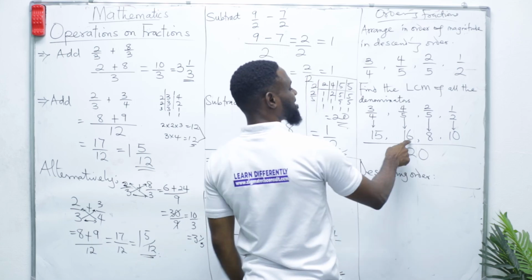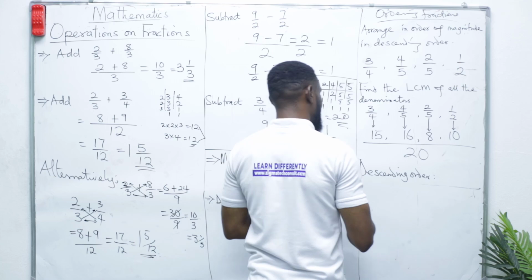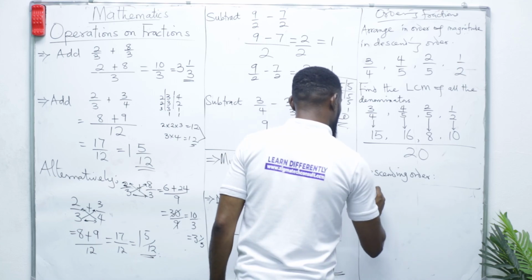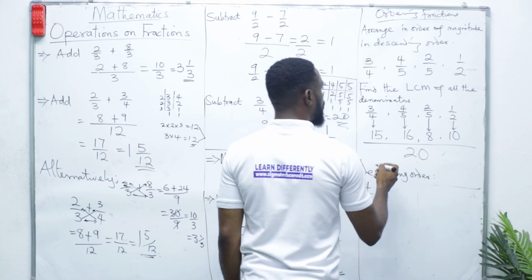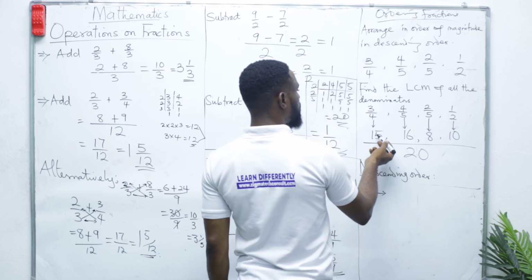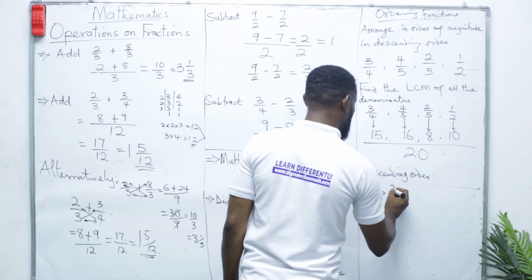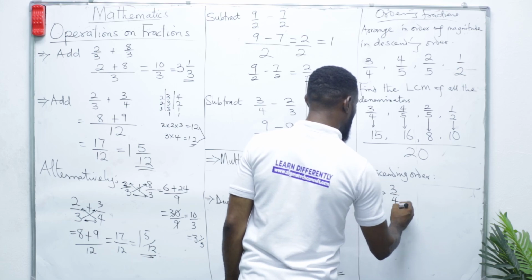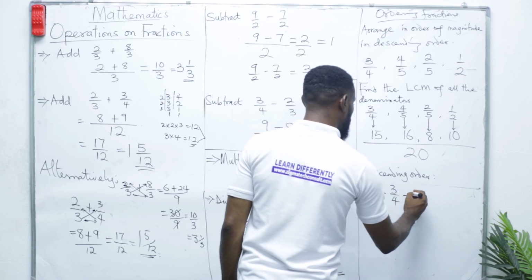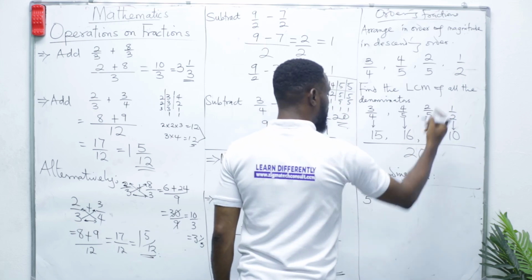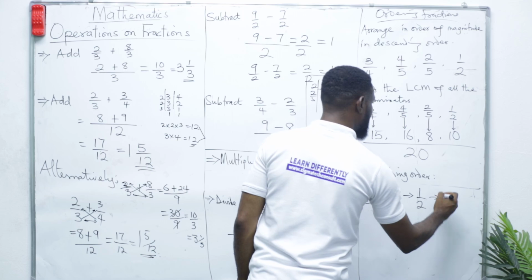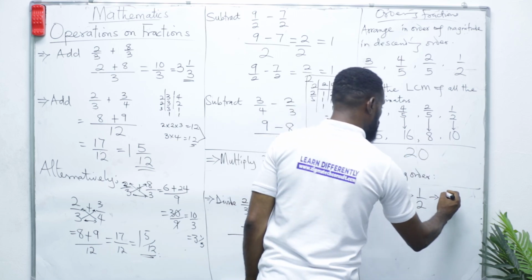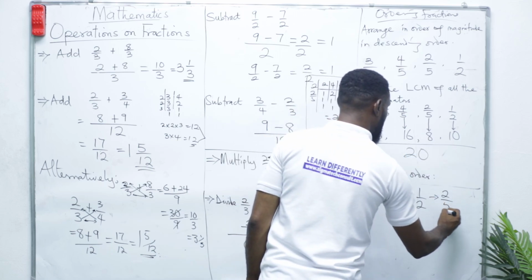And the fraction which has 16 as numerator is 4 over 5. Before you go to 15, that is 3 over 4. Before you go to 1 over 2. And lastly, the least is 2 over 5.